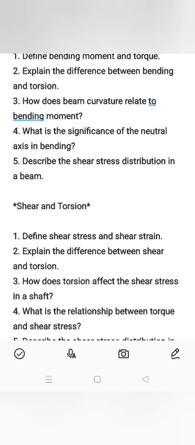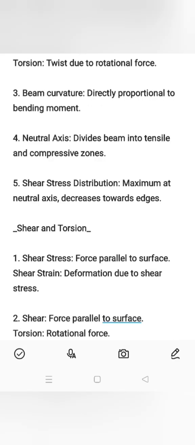Describe the shear stress distribution in a beam. Shear stress distribution is maximum at the neutral axis and decreases towards the edges. Now let us see questions of another topic, shear and torsion.